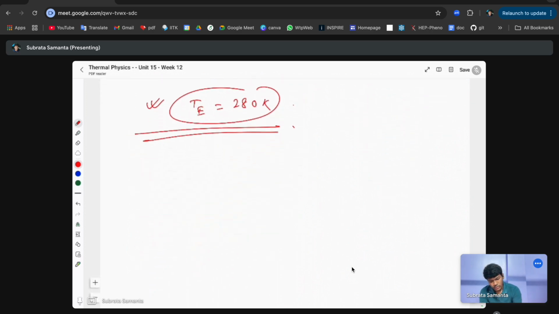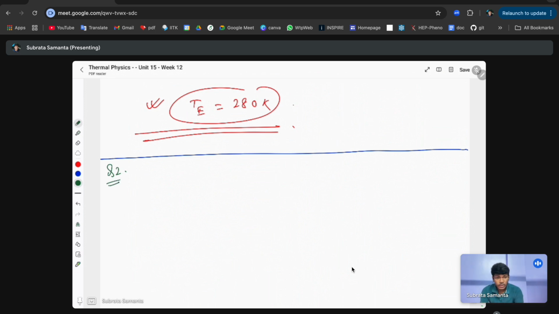Okay, so let's do one more problem quickly. So it's Q2. This is basically the problem of solar constant. So what is the solar constant?